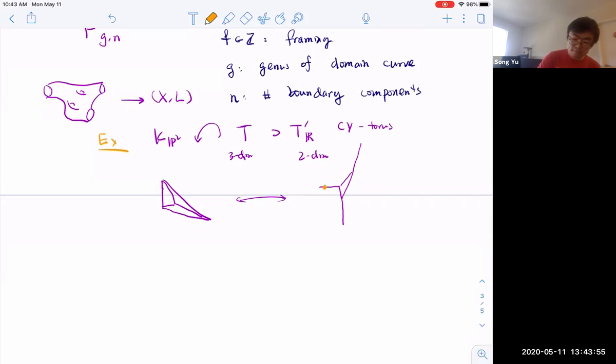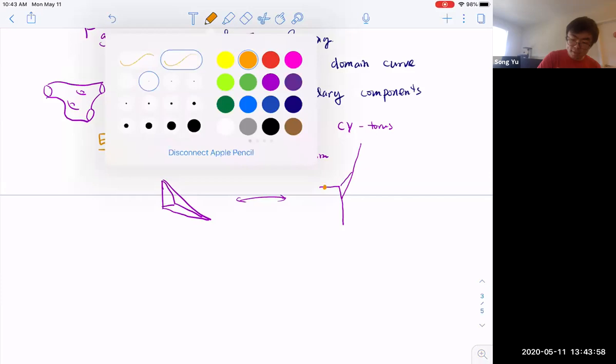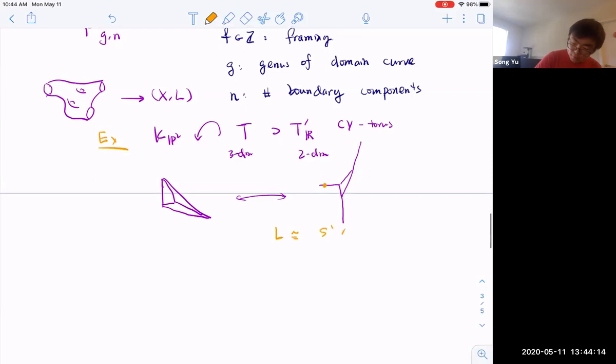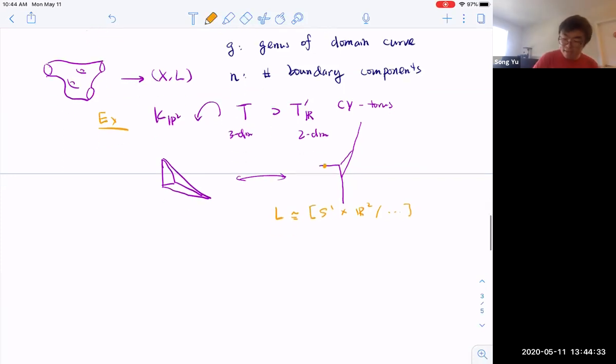And topologically, L is isomorphic to S^1 × R^2, possibly modulo some finite group action because we can have non-trivial generic stabilizer.